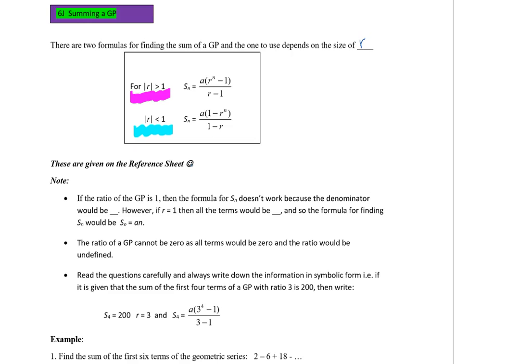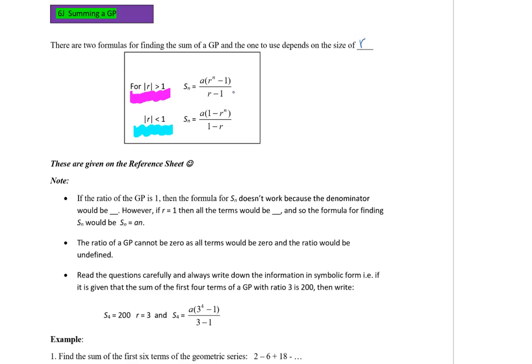What does it look like? So if we've got this situation where the ratio is a number greater than 1, then the sum to n terms relies on the first term, the ratio to the number of terms, subtract 1 all over r minus 1.